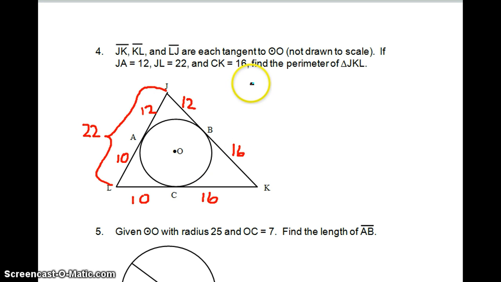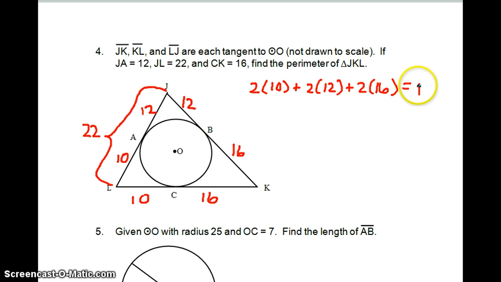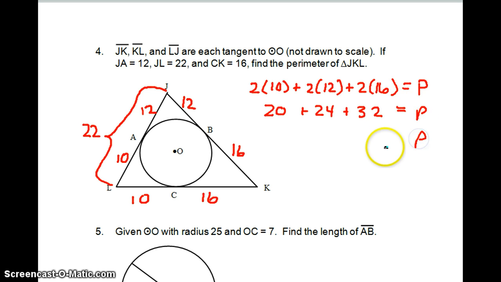It's going to be 2 times 10 plus 2 times 12 plus 2 times 16 equals the perimeter. So it's 20 plus 24 plus 32. Perimeter equals 76. No units were given, so we'll leave it at that.